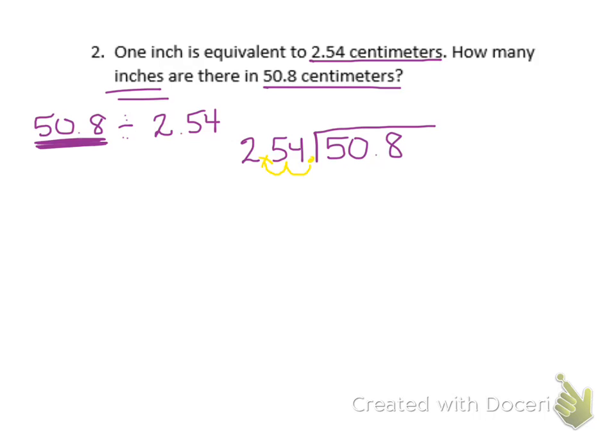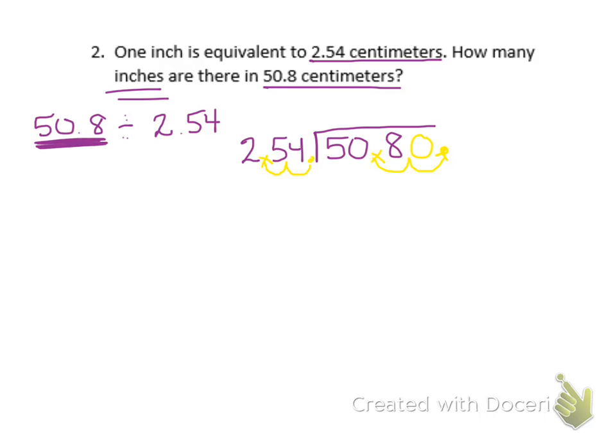Okay? However many decimal places you moved outside the house, you have to do the same thing inside the house in order to keep it equal. So I'm going to take this decimal and I'm going to move it 2 places. 1, 2. So there isn't a number here, so I'm going to put 0 here, and then I'm going to put my decimal, cross this one off.